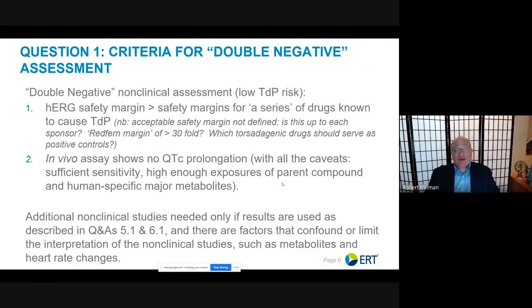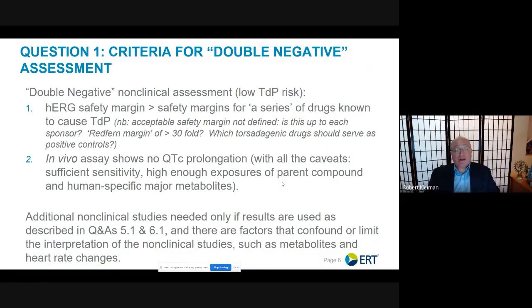The second criterion is a negative in vivo QT study, with all the caveats about adequate sensitivity and high enough exposures of the parent compound, as well as of human-specific major metabolites.